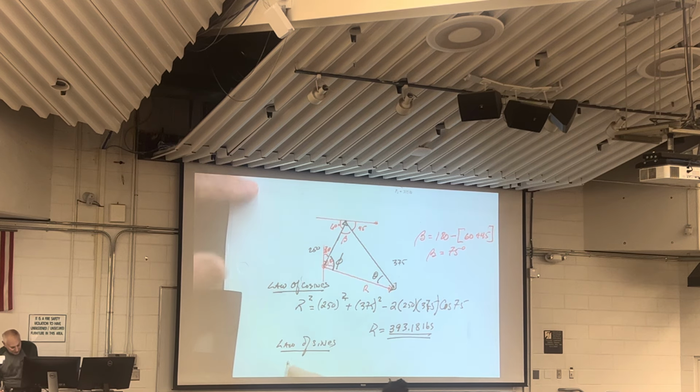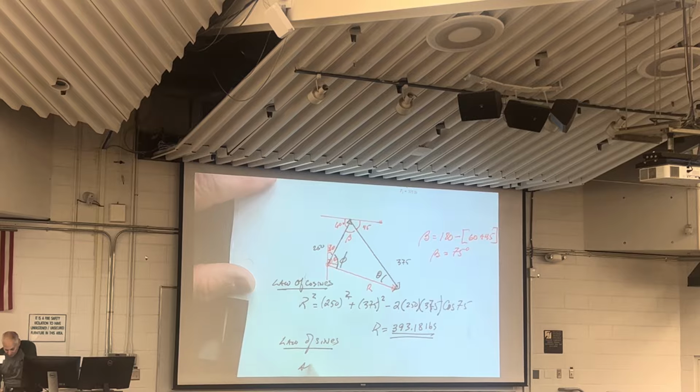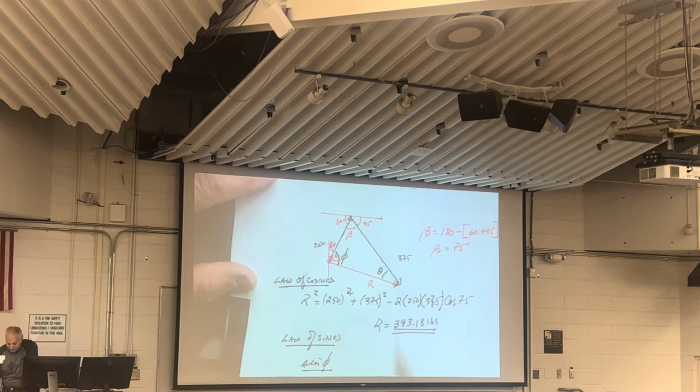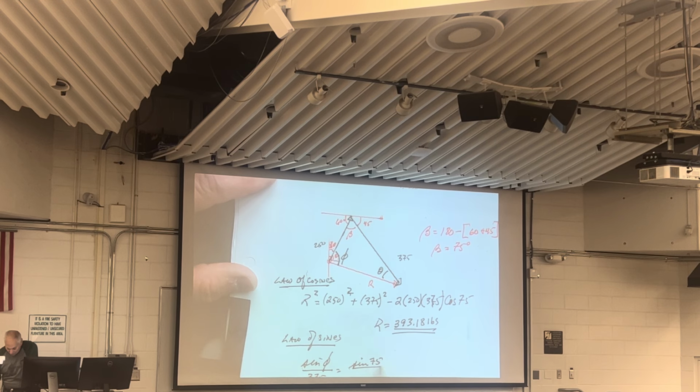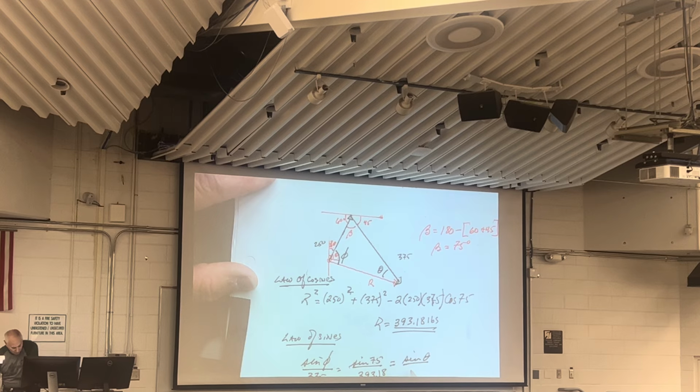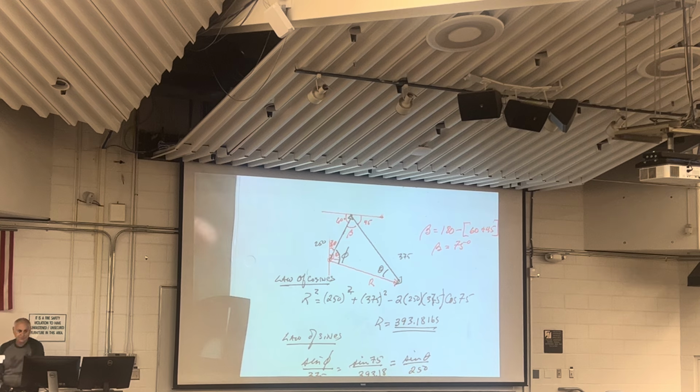So now I'm going to say sine of phi over the side opposite phi, that would be the 375, is equal to sine of 75 over 393.18, which equals sine of theta over 250.